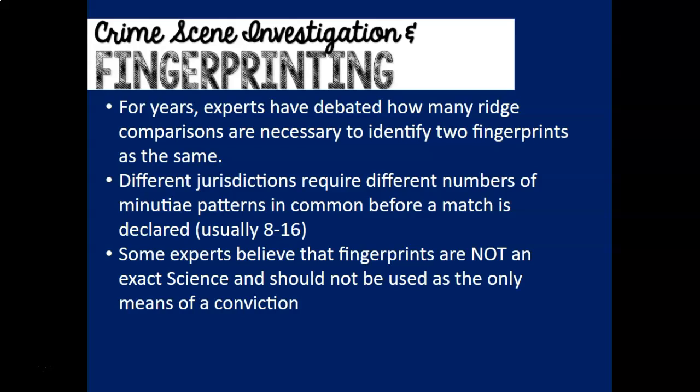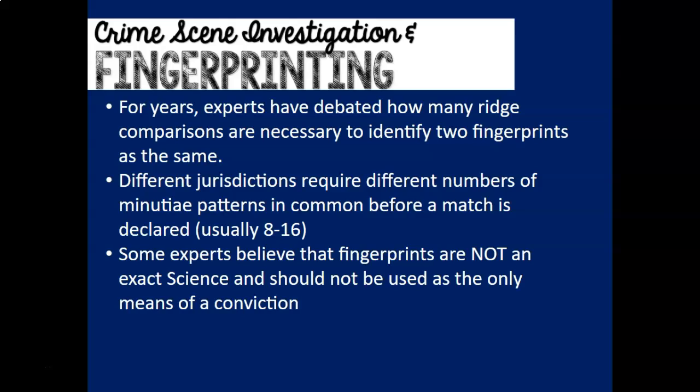And so for years, experts have debated how many ridge comparisons are necessary to say that this is a match, and different jurisdictions require different numbers, which is kind of an issue, really, right? Because if someone gets called up in court and they only have to match 5 or 6 minutia, versus in a different state they have to match 18 or 20, that's a huge discrepancy.